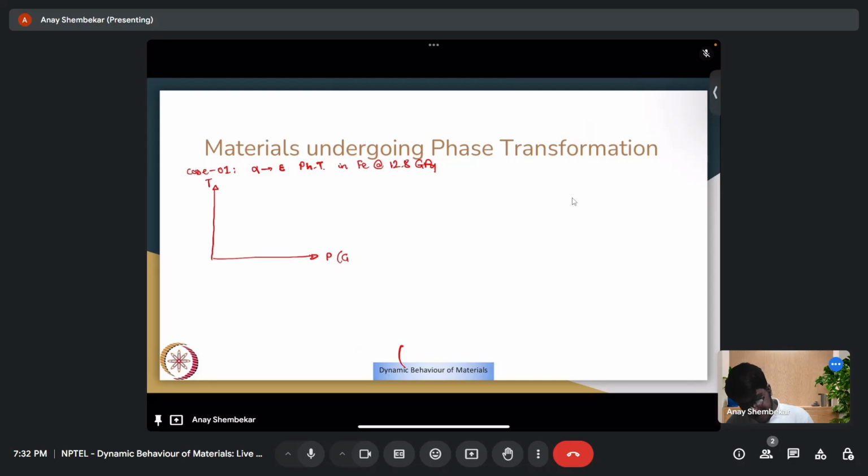Here we are looking at the pressure temperature diagram.